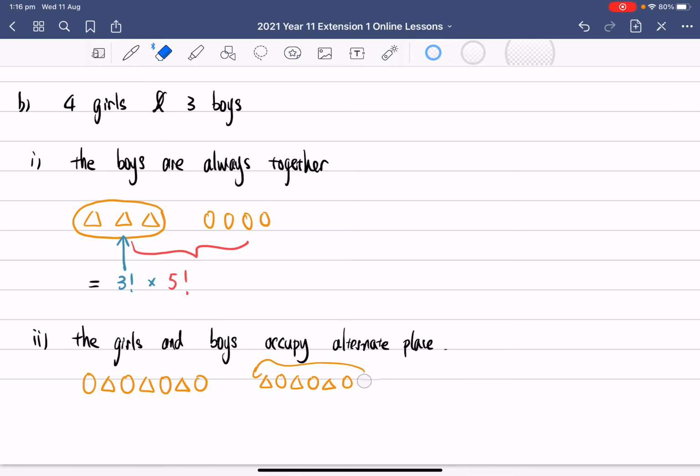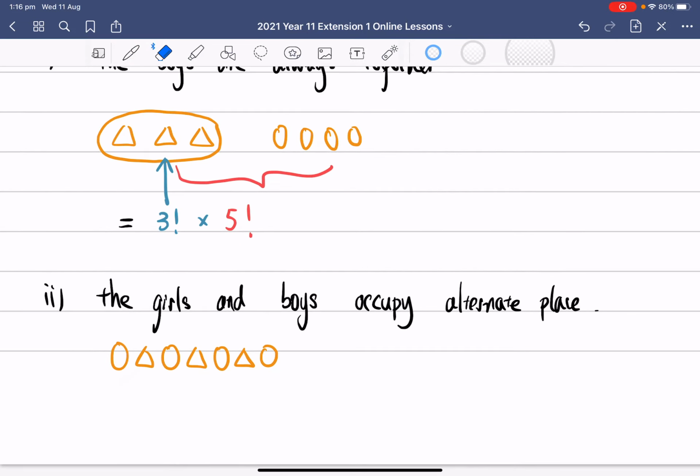Okay, so how would you do this question? Well, it's actually pretty easy again. The way to do it is you talk about it as separate cases. Between these 4 girls, this is girl number 1, number 2, number 3, number 4, these 4 girls can rearrange themselves in 4 factorial ways.